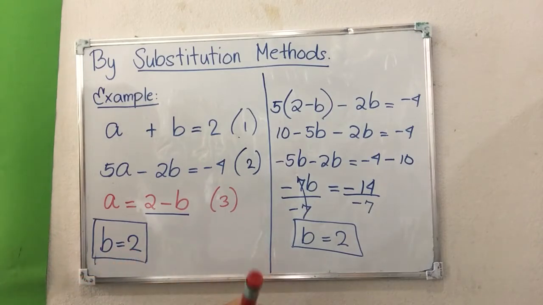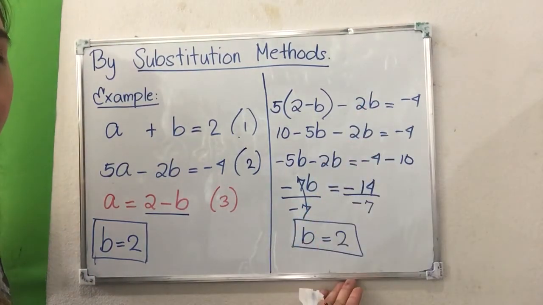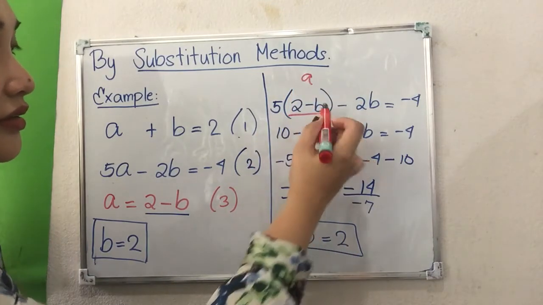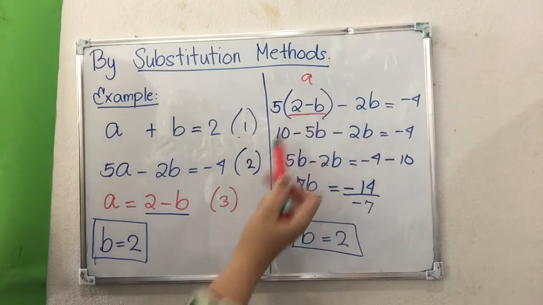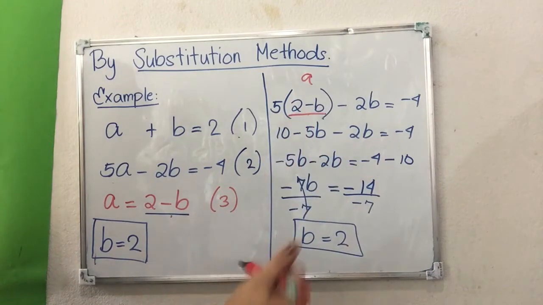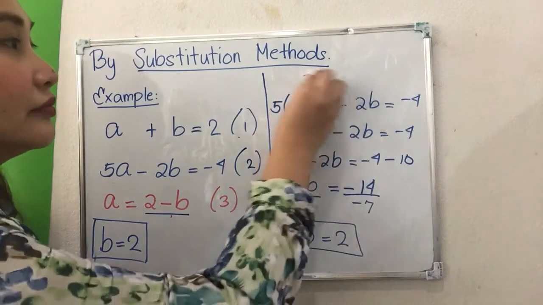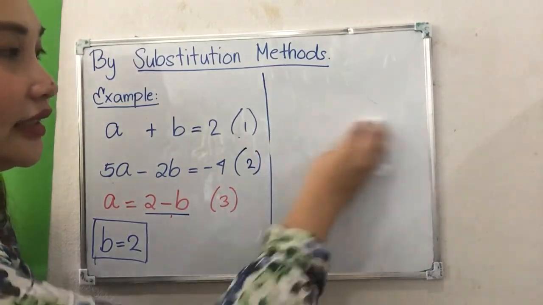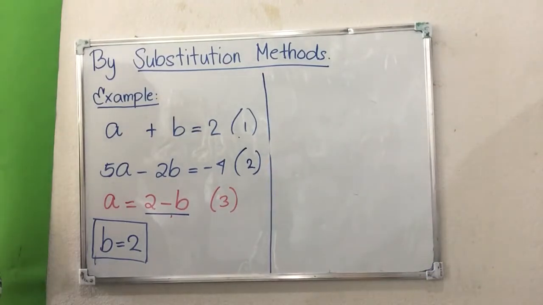Now let's find the value of the other variable. Are you following? We change the a with this one, 2 minus b. Where did we get this? From here. If you have questions, just comment down below and I can get back to you. So step 3, we are going to solve for the other variable.